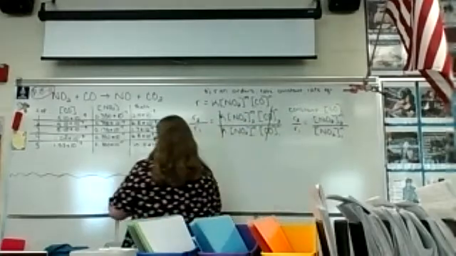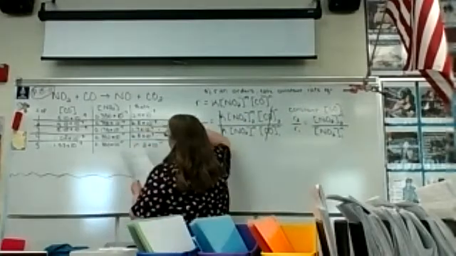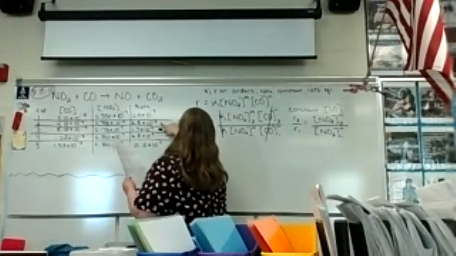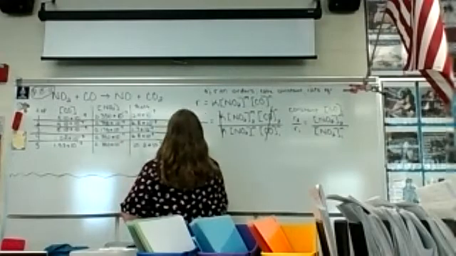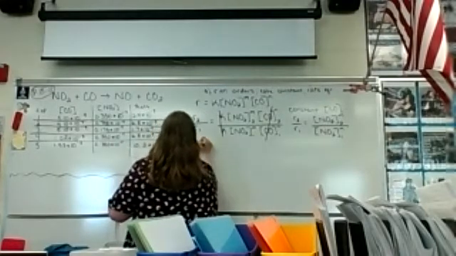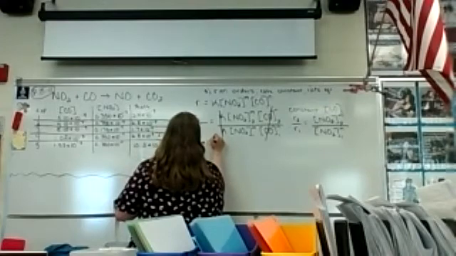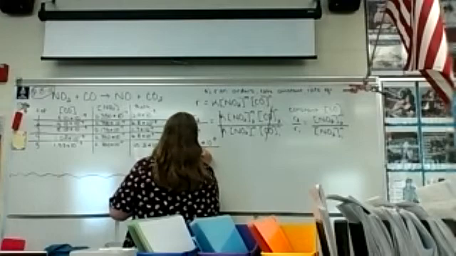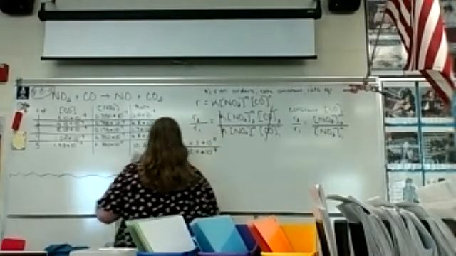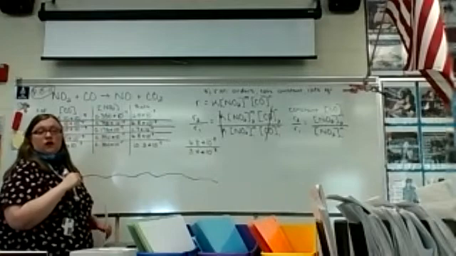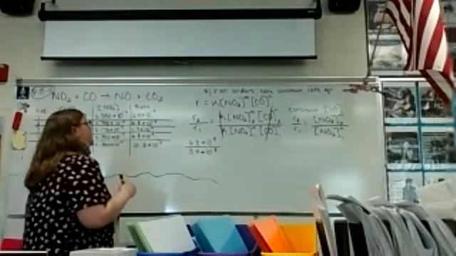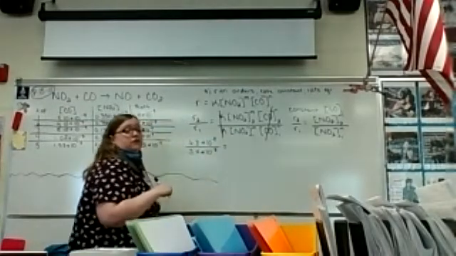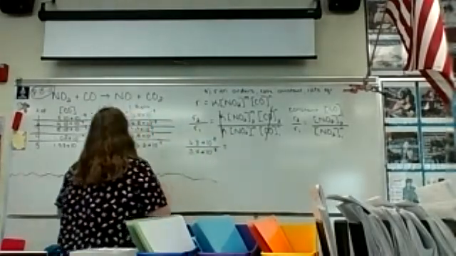That proportion is going to be the rate of experiment 2 over the rate of experiment 1. So that's the 6.8 times 10 to the negative 8 over 3.4 times 10 to the negative 8. And then that's going to equal the concentrations raised to the reaction order.